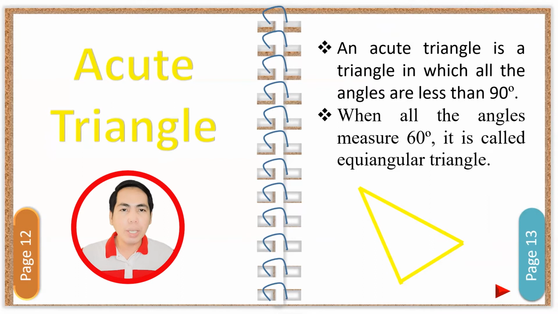Equi means equal, angular means angle, the measure of the angle. So if all the three angles measure 60 degrees, that triangle is called an equiangular triangle. And it is still an acute triangle because all the three angles measure less than 90 degrees.